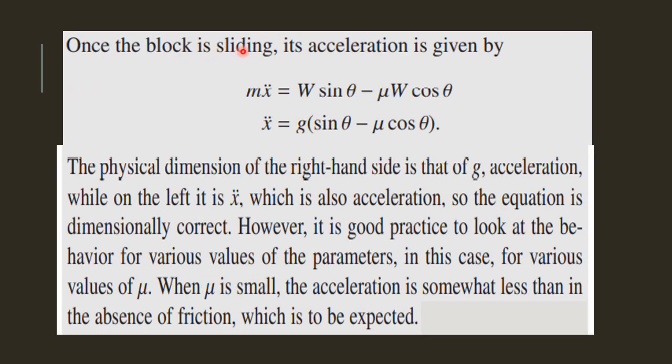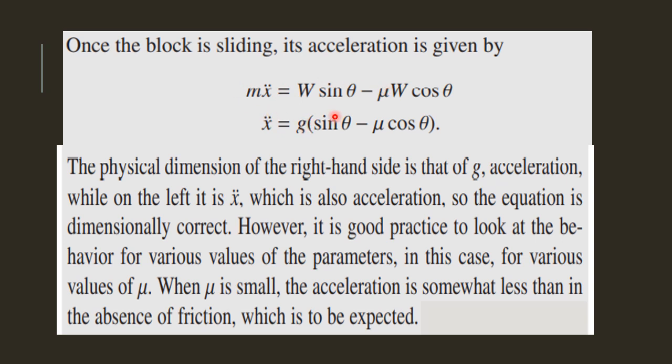So once the block is sliding, its acceleration is given by m x double dot is equal to w sin theta minus mu w cos theta, substituting for the value of friction. So the acceleration x double dot is equal to, substituting w equal to mg, m gets cancelled throughout.